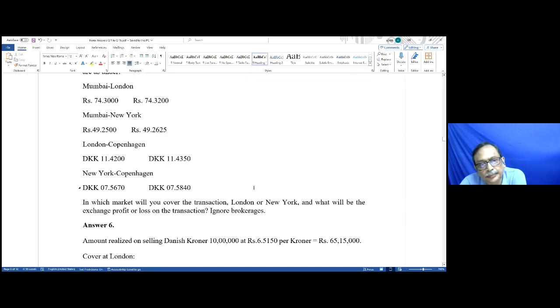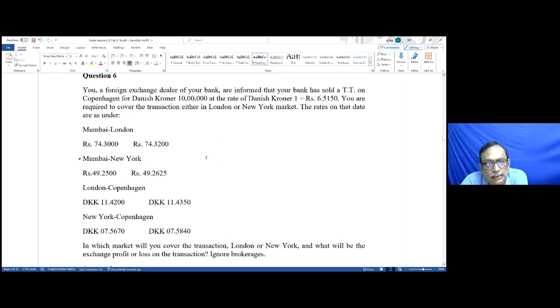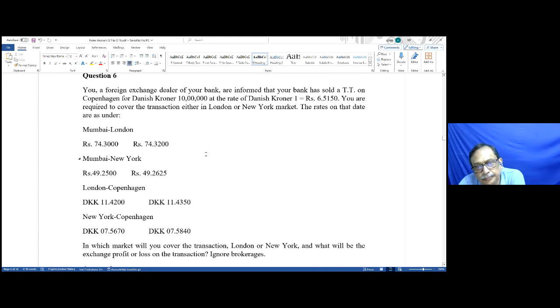London, Copenhagen, DKK, that is Danish kroner, 11.4200 and 11.4350. Mind that these are bid and ask rates.